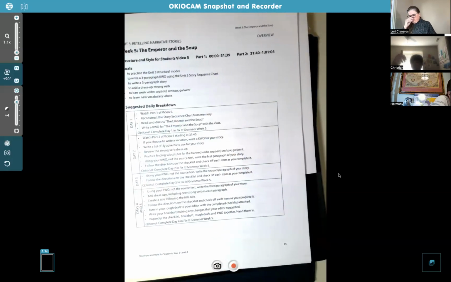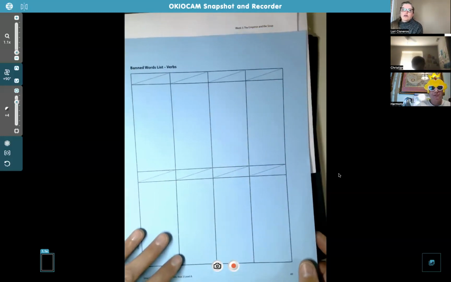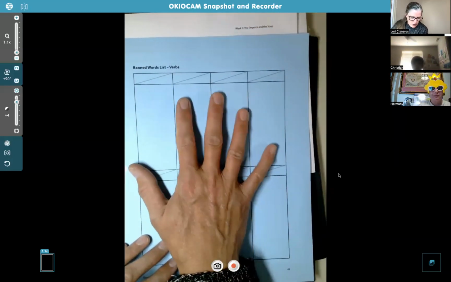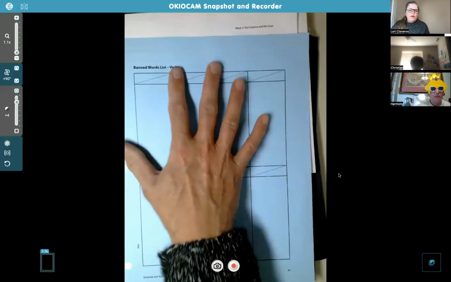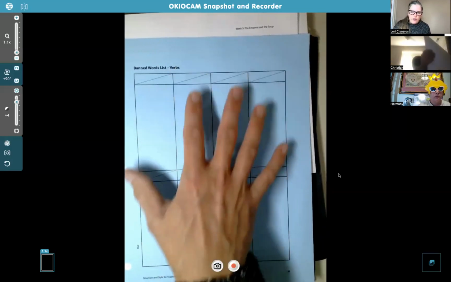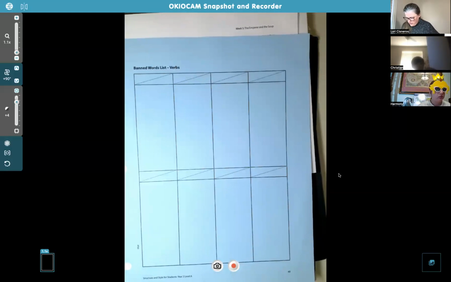Okay, good, Christian. Good, Harmony. Okay, now that that's put away, I want you to just look really quick at your blue. These are the banned words. I reused the same paper, so I erased mine on the plastic thing.